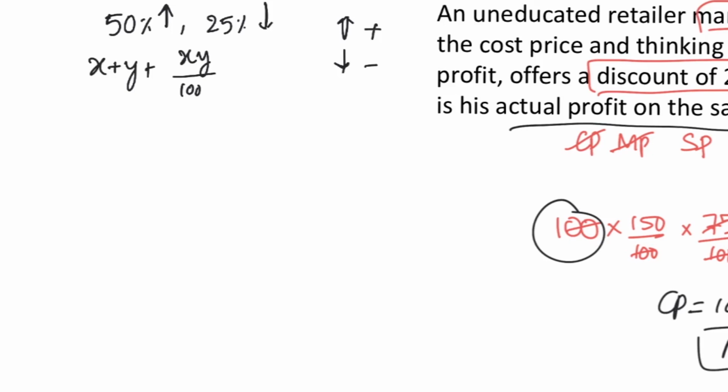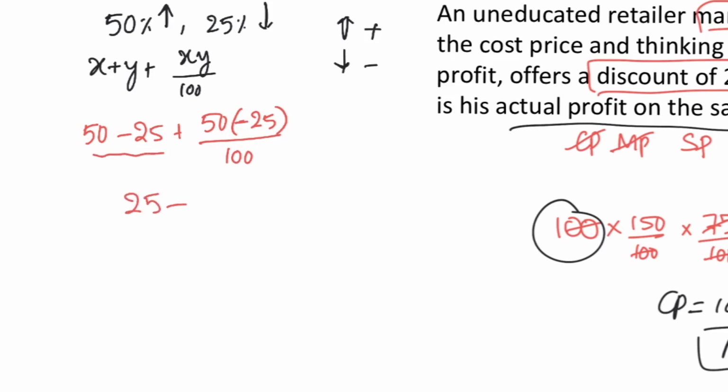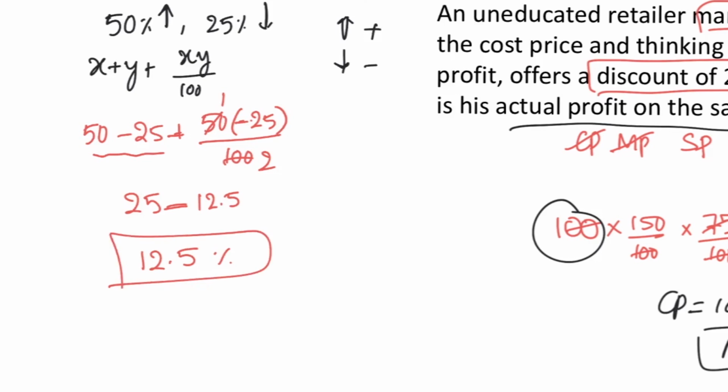Now x plus y, 50 and discount of 25, sorry, it is minus 25, plus 50 into minus 25 divided by 100. 50 minus 25 is 25, plus into minus is minus. 5 2 times, 25 by 2 is 12.5. 25 minus 12.5 is 12.5. So he is getting effectively 12.5% only.